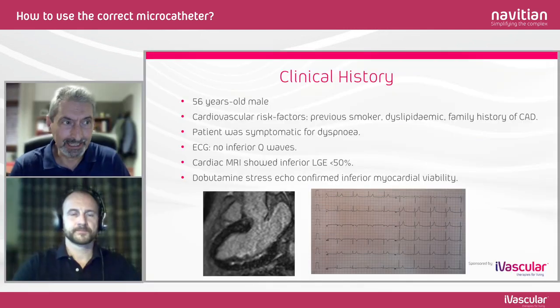Let me share with you a case of a relatively young gentleman, 56 years old, with the usual risk factors, no inferior Q waves, but, as often happens, some evidence of subendocardial late gadolinium enhancement in the inferior wall, but less than 50% in thickness, and with proven viability with dobutamine stress.